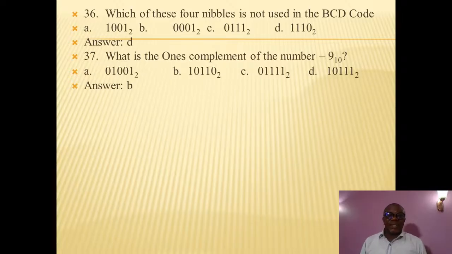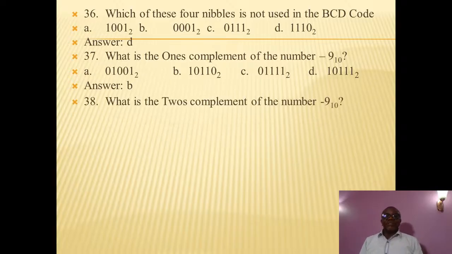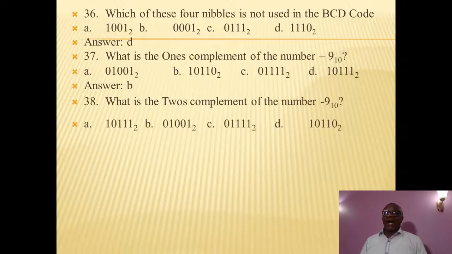So your correct answer will now be B, which is 10110. Now, for you to go further to get the 2's complement, you will just add 1 to the least significant bit of your 1's complement.